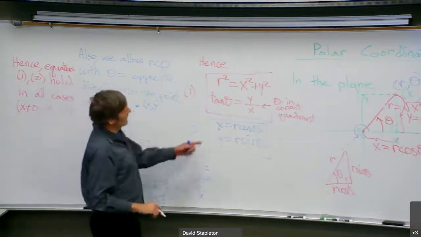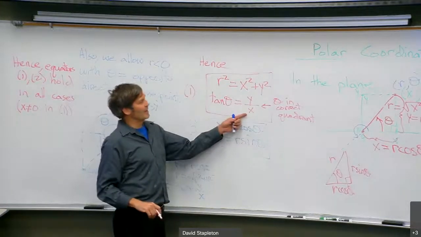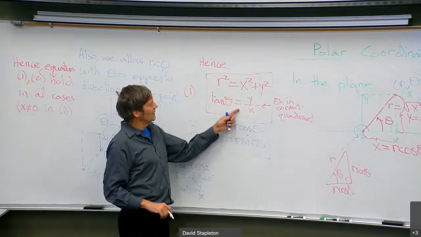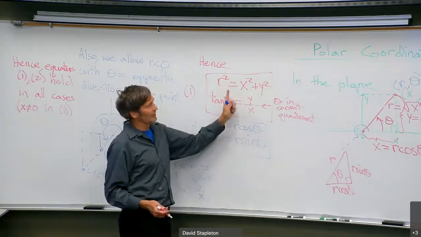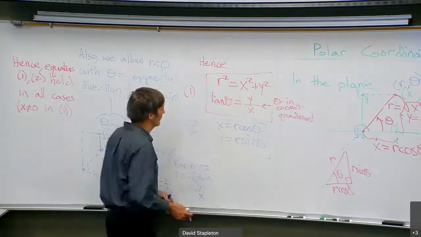But actually, if x is equal to 0, the angle is easy to find, because if x is 0, then you're on the y-axis, and you know the angle is pi over 2 or 3 pi over 2. So it's actually not hard to find theta there.